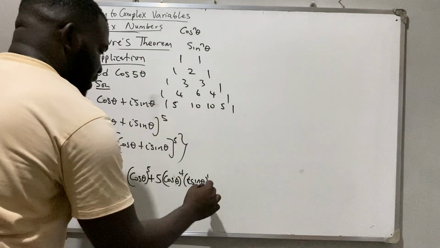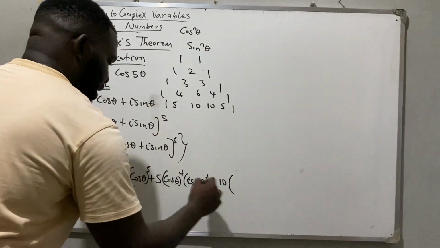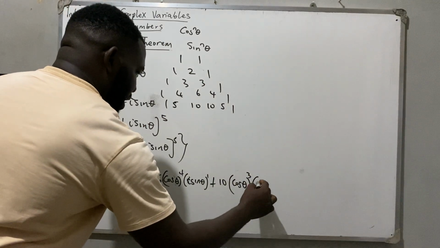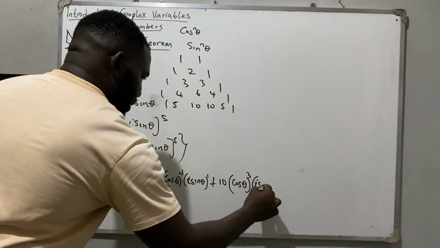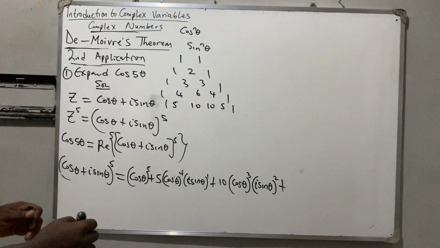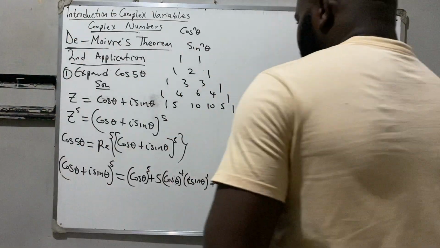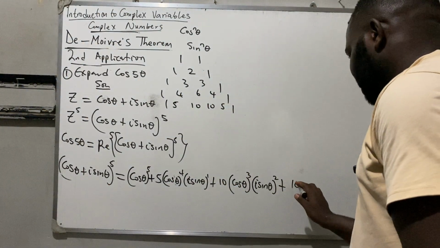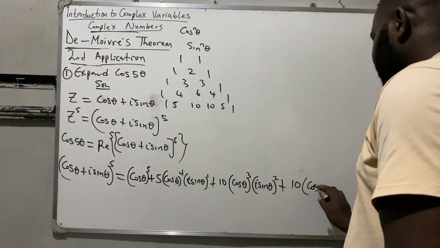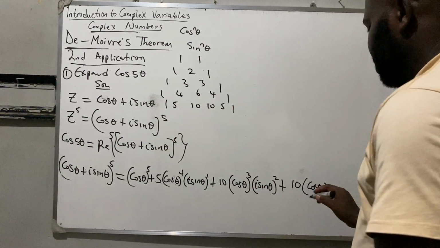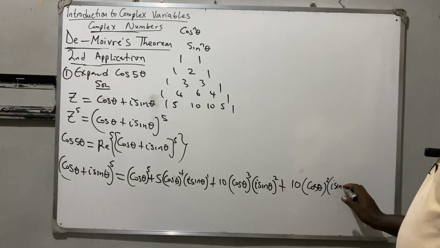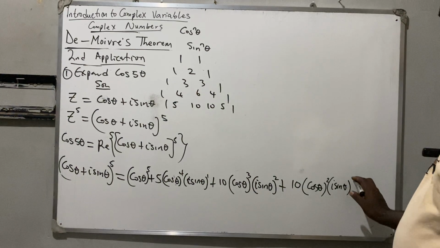The next one is 10, so plus 10, cos theta will now be raised to power 3, while i sine theta will be raised to power 2. Plus the next one, 10 again, cos theta raised to power 2, while i sine theta is raised to power 3.